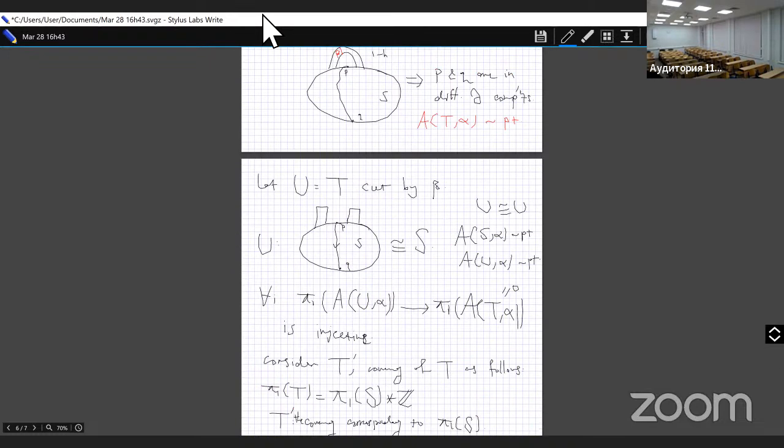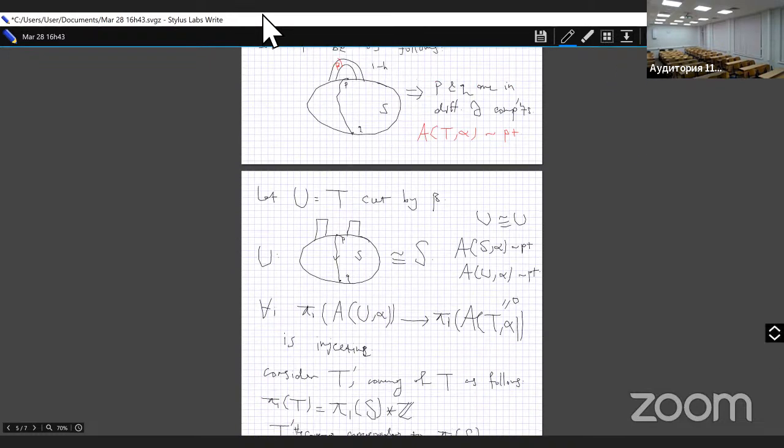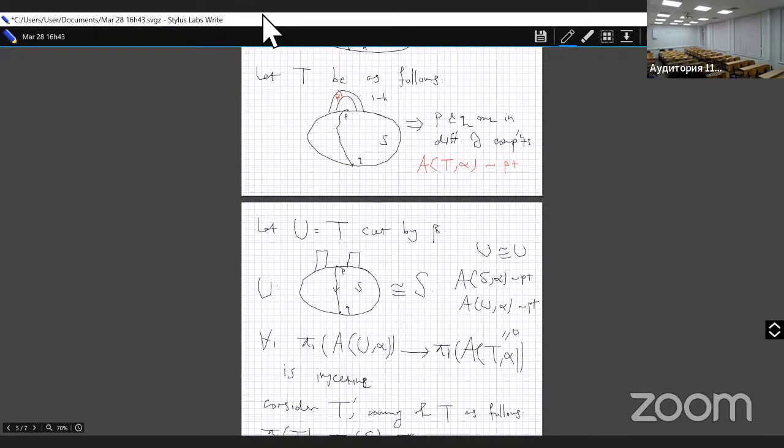Let's look at T. If a path goes along this handle, it's definitely not homotopic to alpha, right? And we're not considering this anyway because it's not in U. So there is a one-to-one correspondence, because we are considering every path in U, and we are lifting this up, and we are not considering such paths.